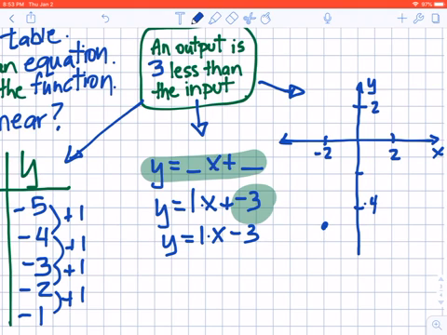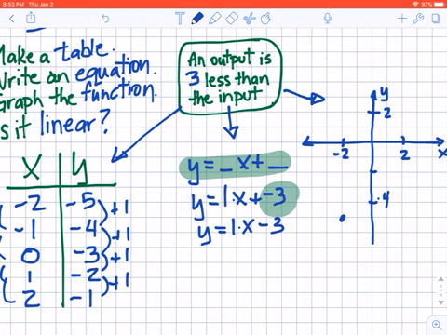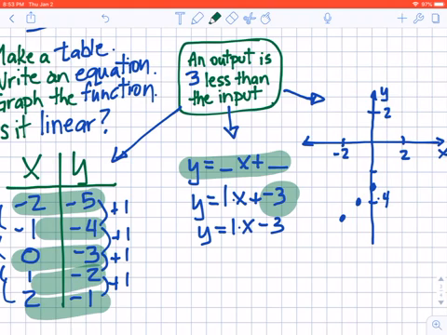Okay, -1 gives me -4, 0 gives me -3. Again, I'm looking at each of these points over here in the table and graphing those points. And 1 gets me -2, and 2 gets me 1.